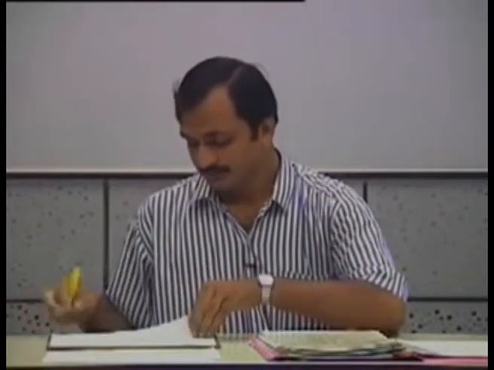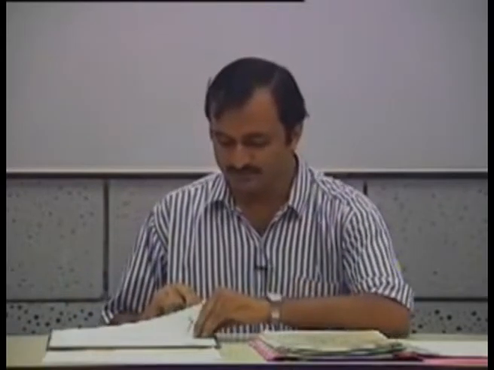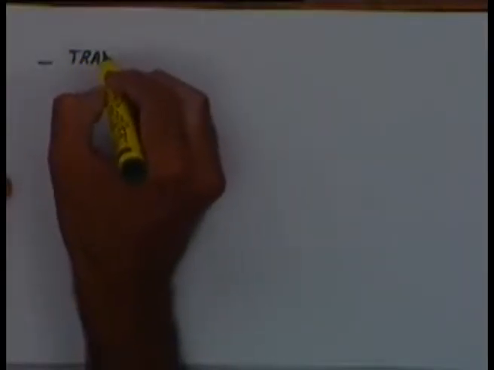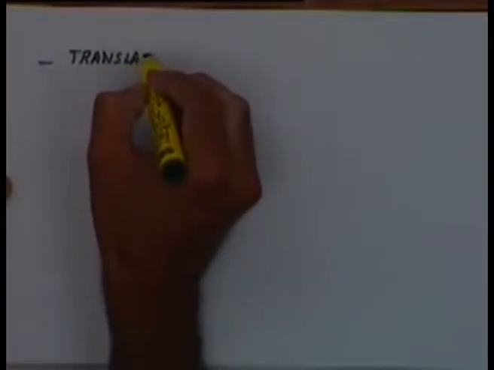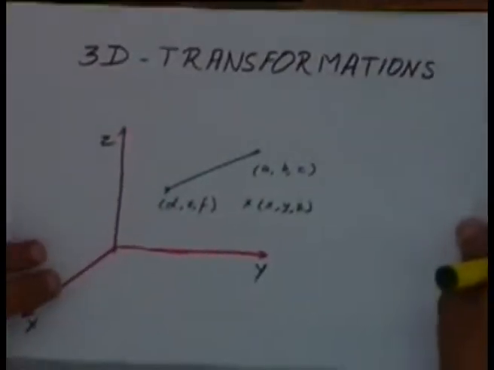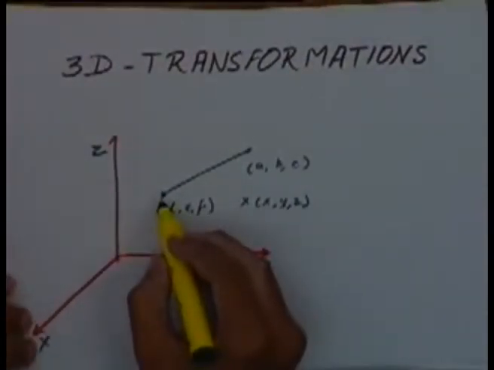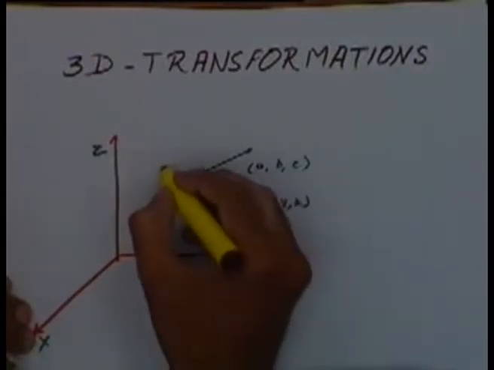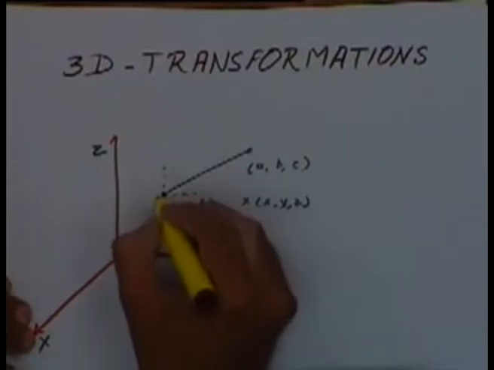For carrying out this rotation would be carried out in a sequence of a number of steps. The first step is translation, so that this point DEF will now become the origin. Okay, a new coordinate system would be passing through this point like this.